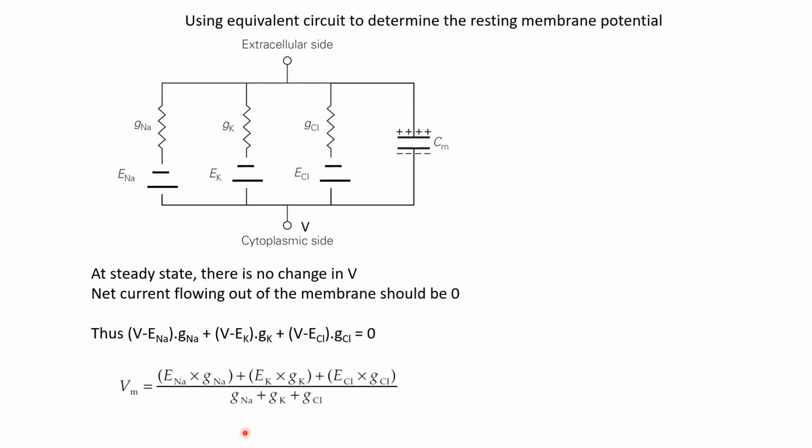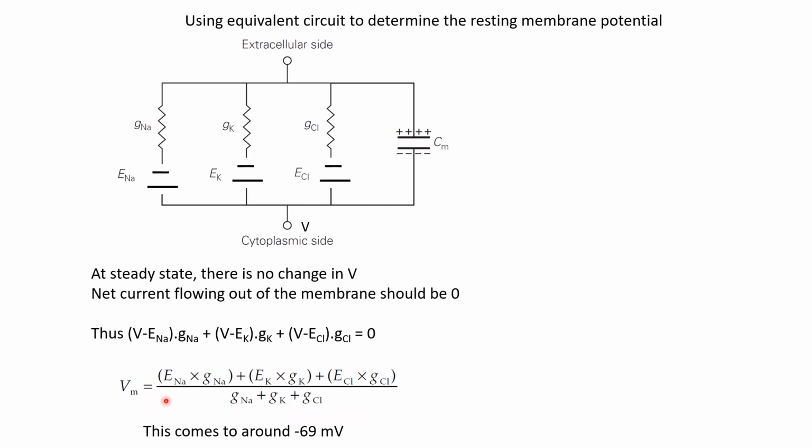So this will be the resting membrane potential for this neuron if these are the three channels controlling the membrane potential. And if we plug in the values for the squid axon, we get values around minus 69 millivolts, something between minus 65 and minus 70 in most neurons.